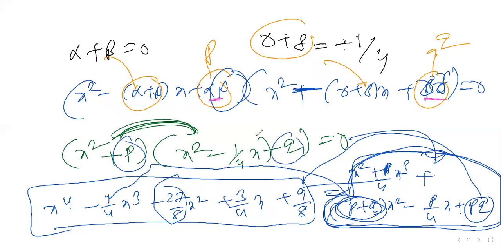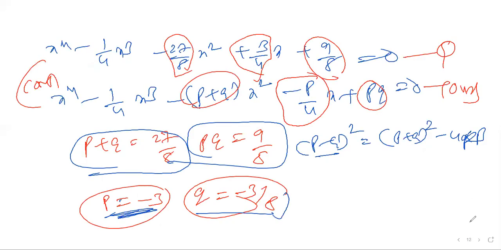After substituting, what do you get? P is equal to alpha plus beta, q is equal to gamma plus delta, and p is equal to alpha beta, q is equal to gamma delta. So alpha plus beta is equal to minus 3, alpha into beta is equal to minus 3 by 8.